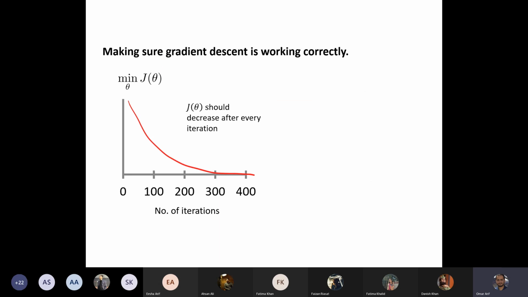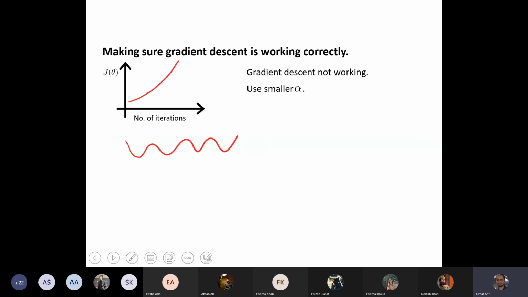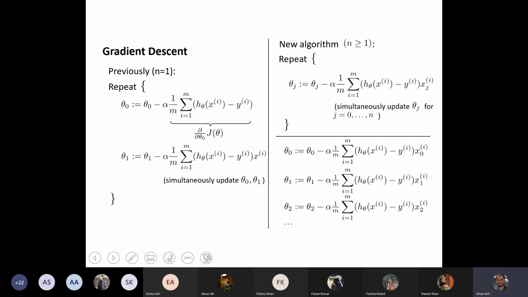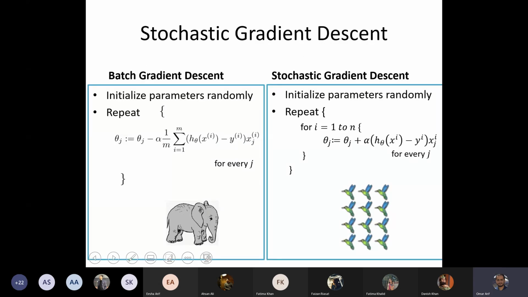Then we also looked at the way to choose the learning rate. We are still doing the revision, so I'm skipping some of the slides. Finally, we looked at batch gradient descent and stochastic gradient descent.